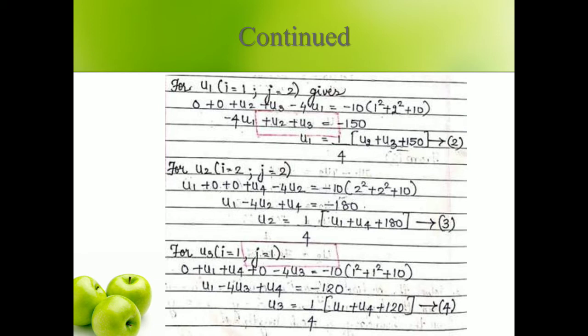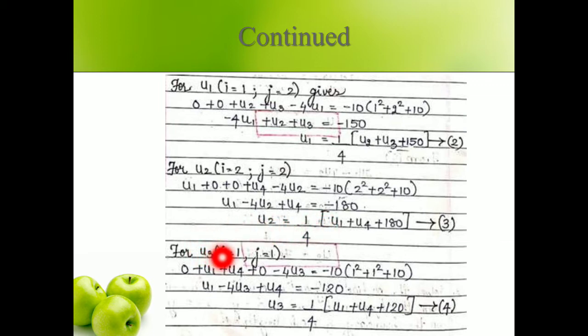Next, for u1, i equal to 1, j equal to 2 gives you the equation u1 equal to 1 divided by 4 (u2 plus u3 plus 150). Next, for u2, i equal to 2, j equal to 2, you get u2 equal to 1 divided by 4 (u1 plus u4 plus 180).